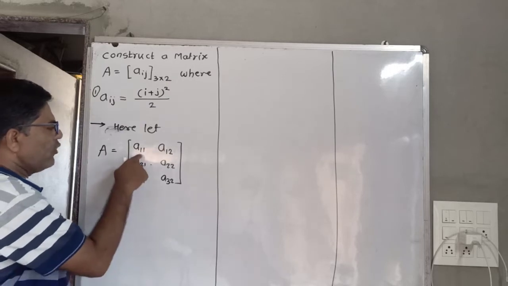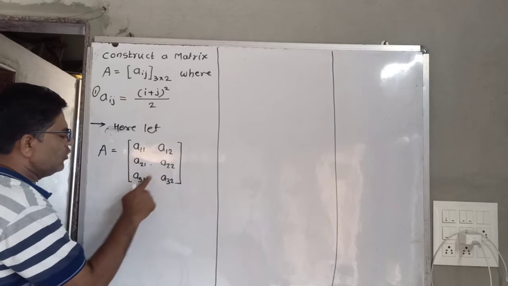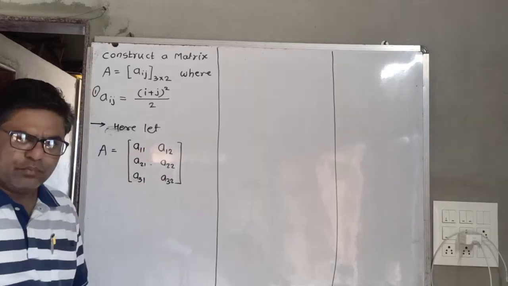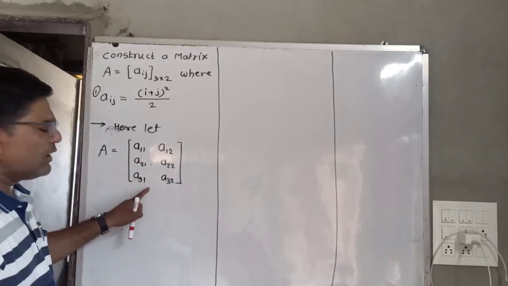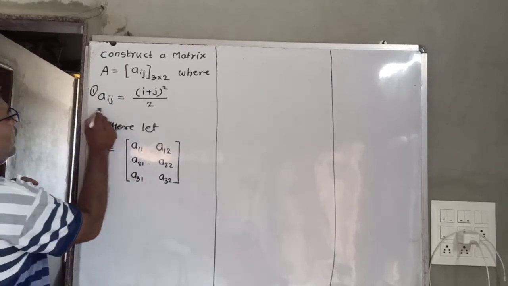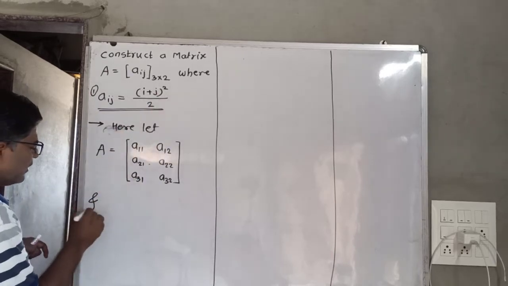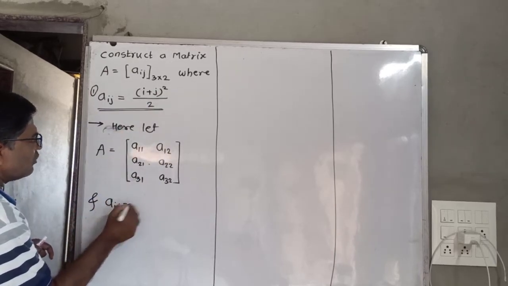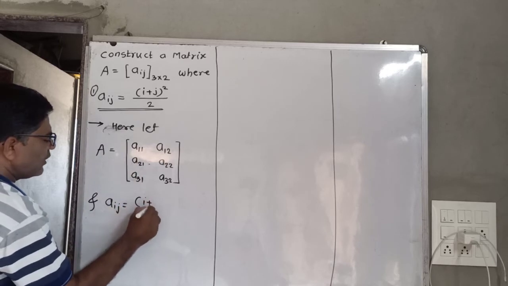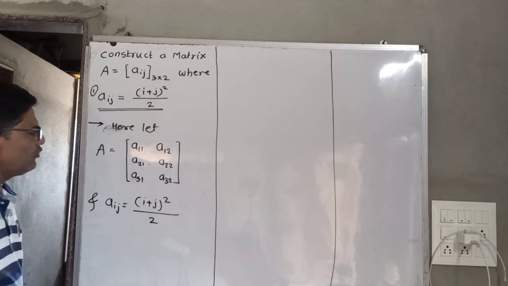Now we are going to calculate these elements a11, a12, a21, a22, a31 and a32. To calculate these elements we use the condition they already gave us: aij equal to (i plus j) whole square divided by 2.